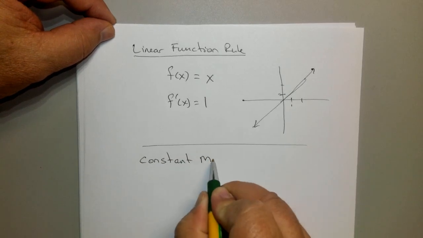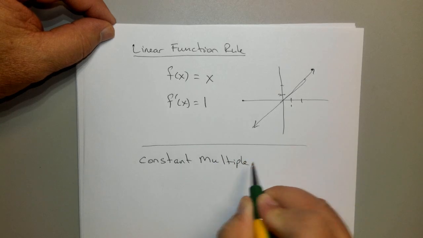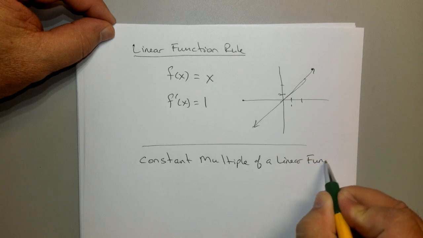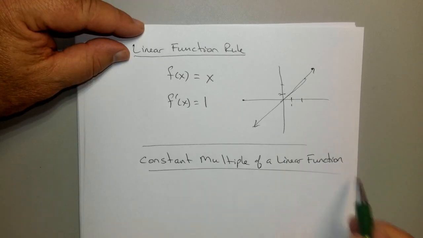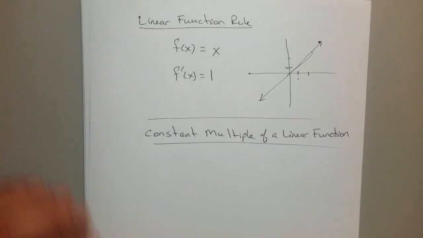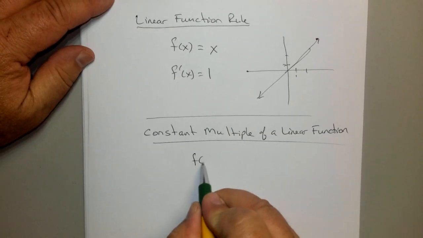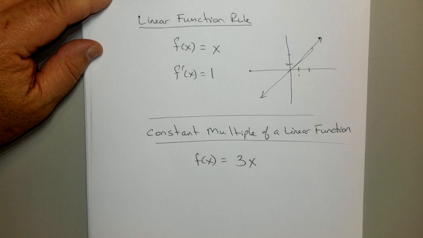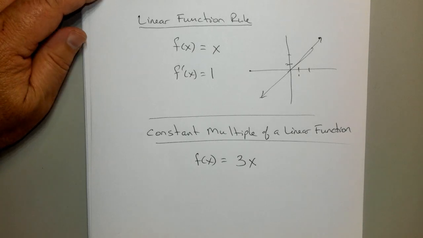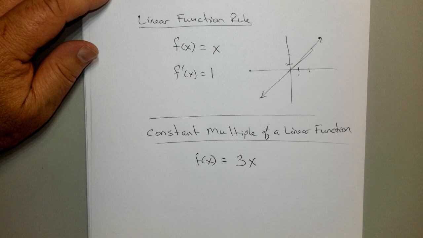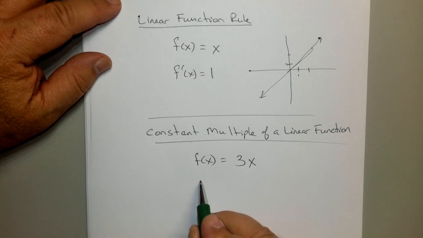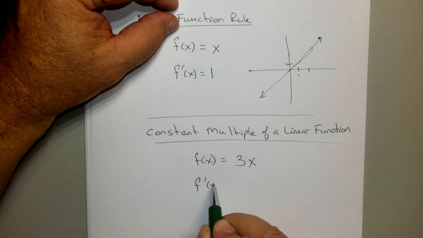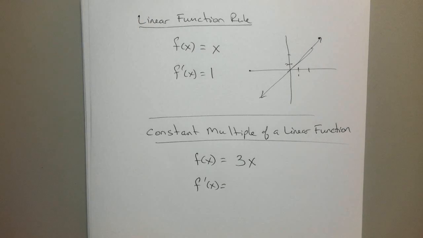A constant multiple of a linear function. What does that mean? Constant multiple. If I gave you that, is this a linear equation, a quadratic, or what?